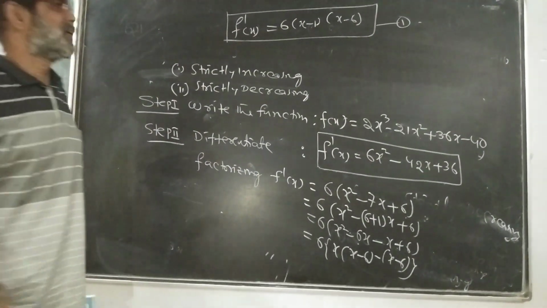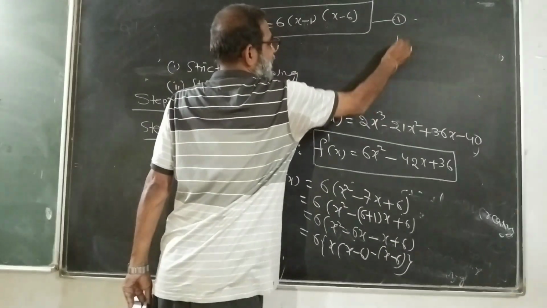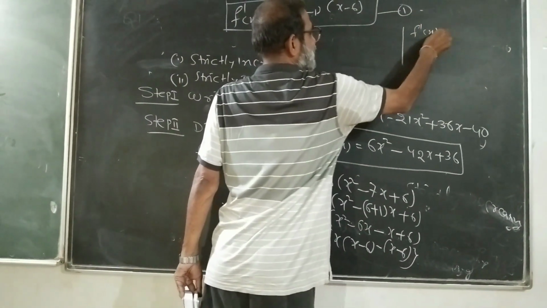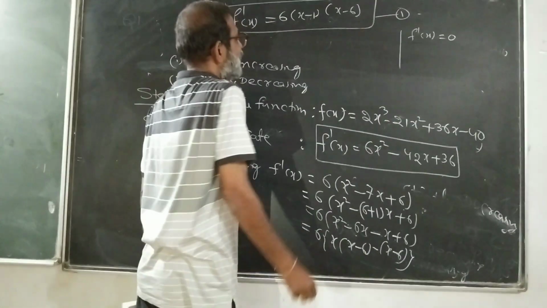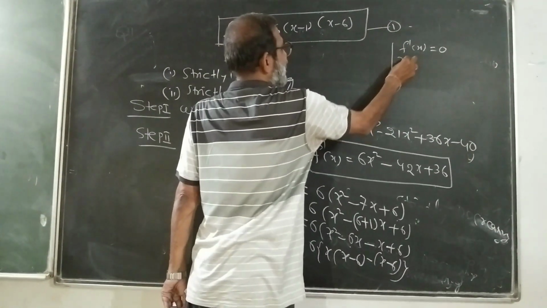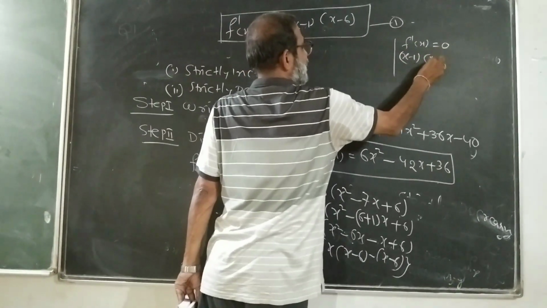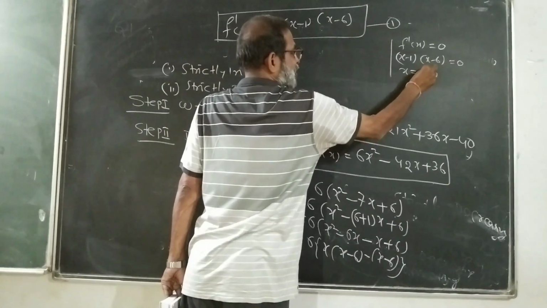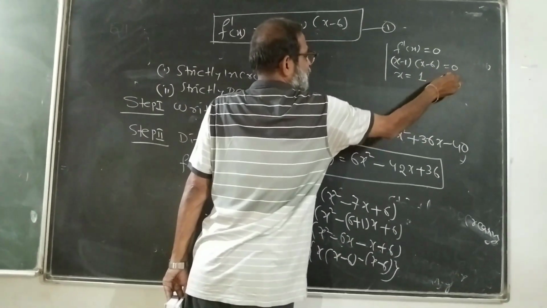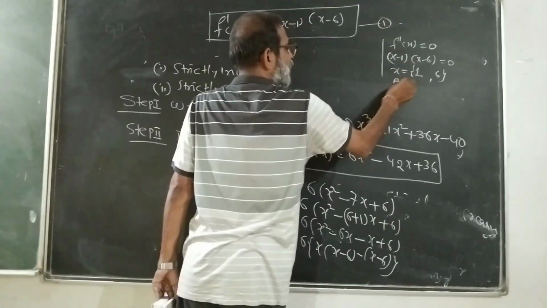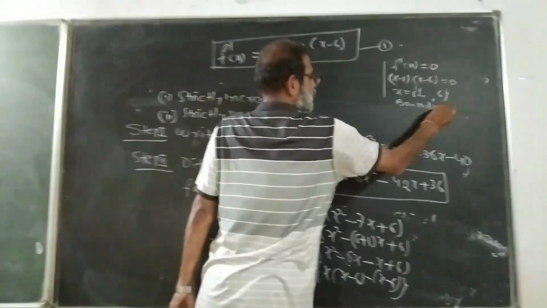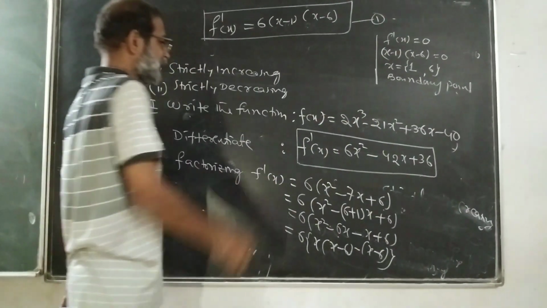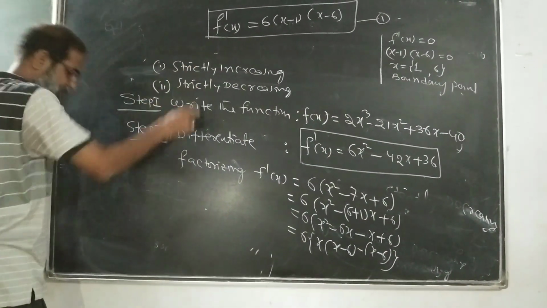In rough you check which point it is 0. In rough, make f dash x 0. So x minus 1 into x minus 6 equal to 0. So either x is equal to 1 or x is equal to 6. These are called boundary points. Now we have to check strictly increasing, strictly decreasing.